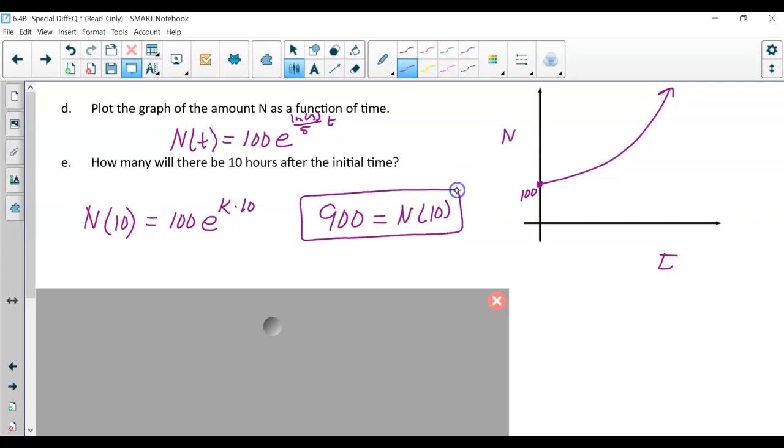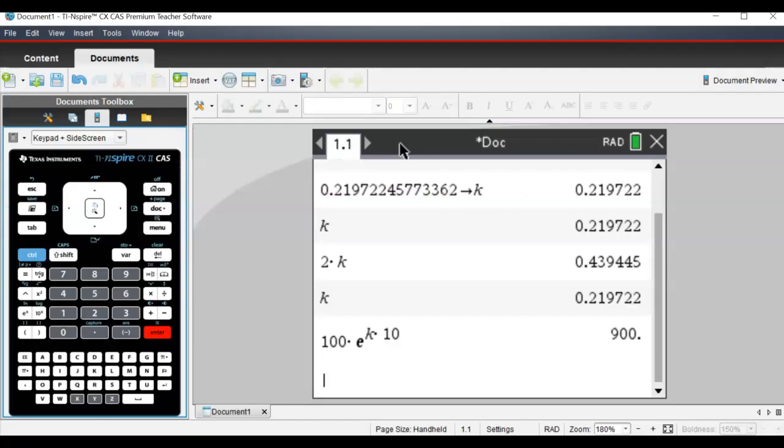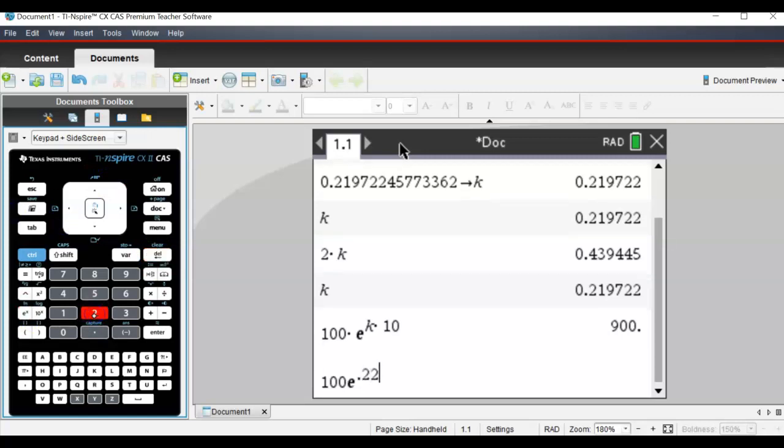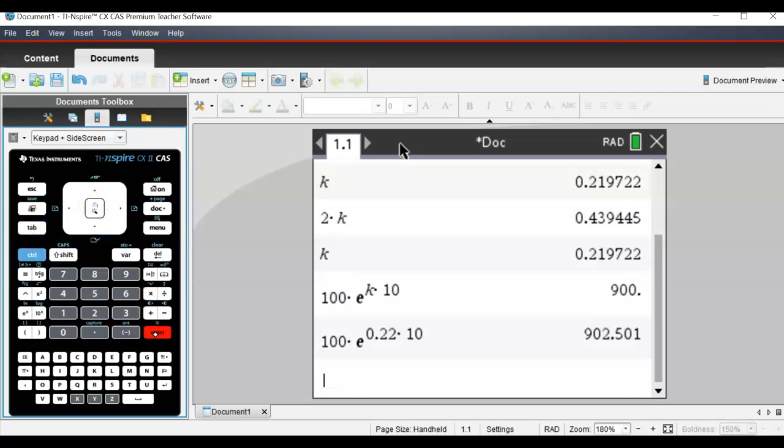And if I didn't use that exact value, and I know a lot of you are going to say, well, that's stupid, but if I took my decimal of 0.220 times 10, and I hit enter, now I'm going to get 902.5 bacteria or 903, and that's not acceptable on our test.